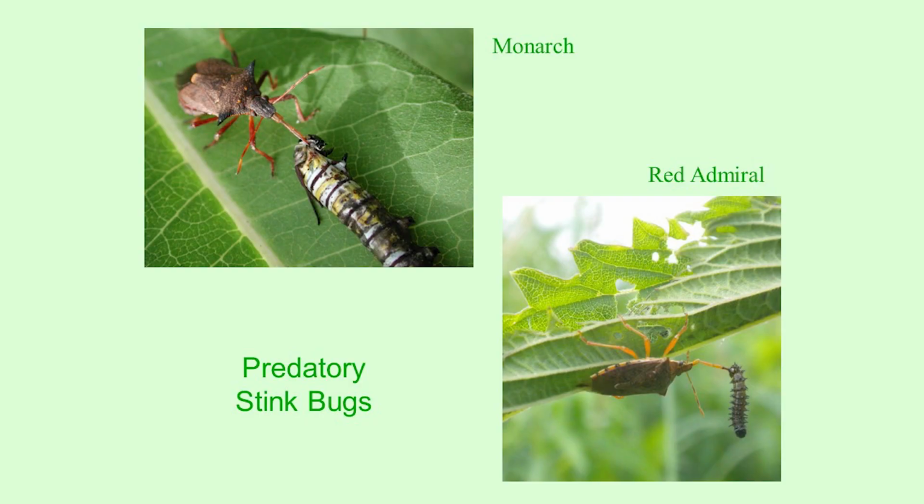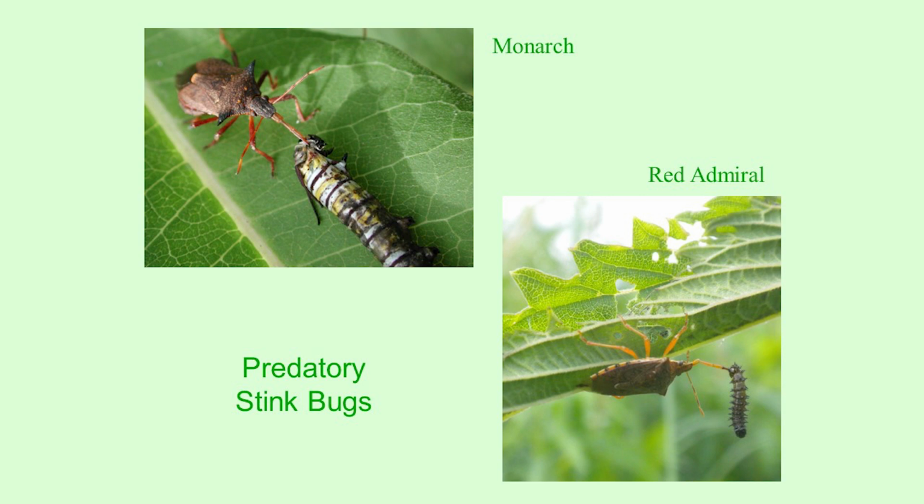So there are many threats that butterflies face. Some of them are natural threats, and some of them are obviously man-made threats. The biggest threats to insects are probably other insects. And in this case, I show two predatory stink bugs.